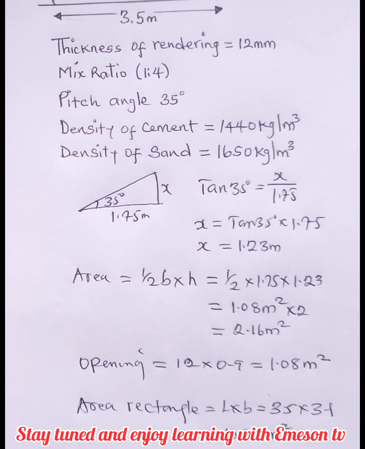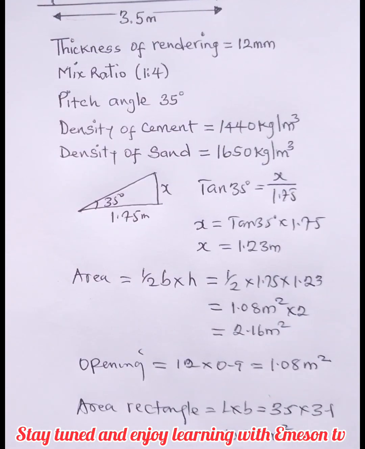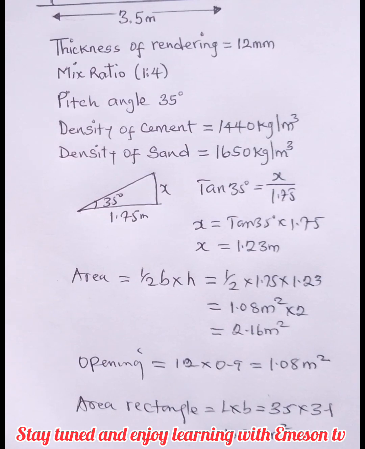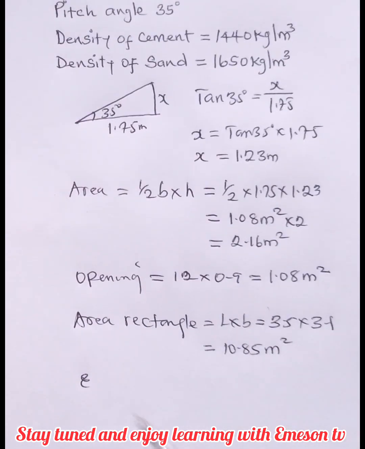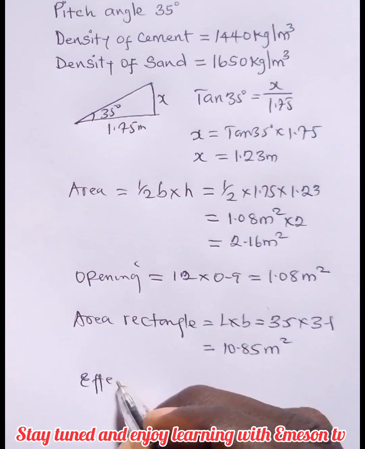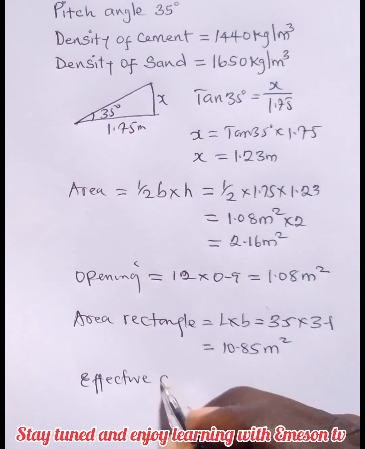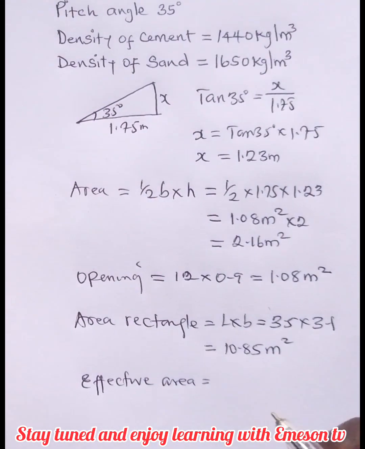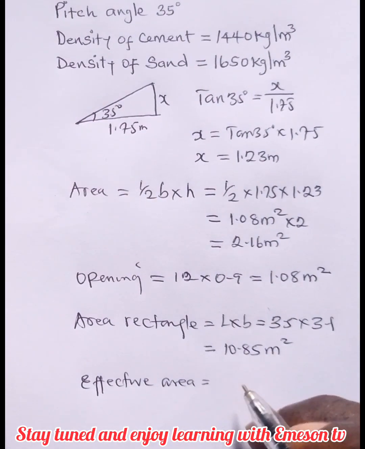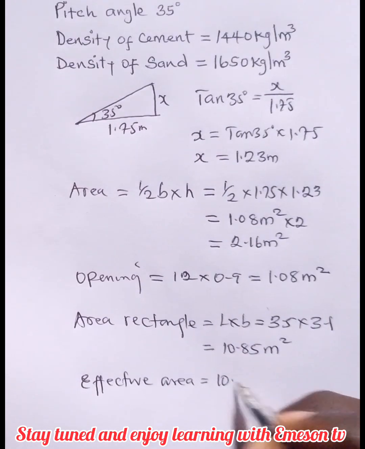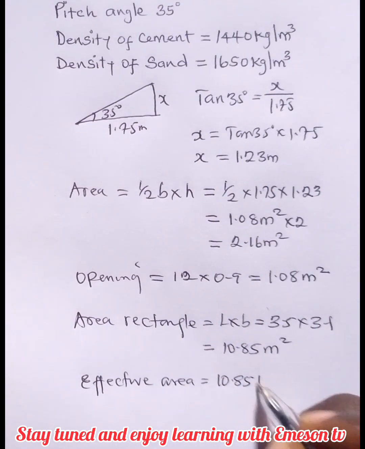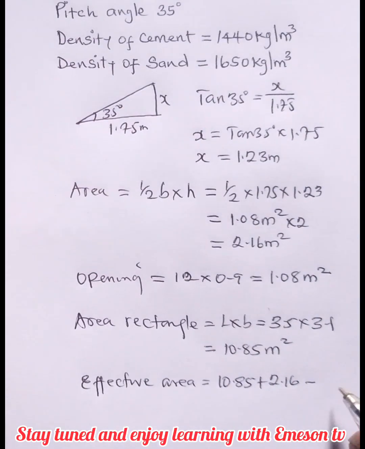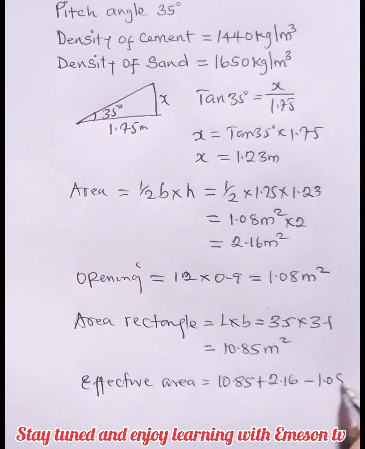So for us to get the total effective area, it becomes the area of rectangle, 10.85, plus area of triangles, which is 2.16, minus area of opening, which is that of the window, which is 1.08.